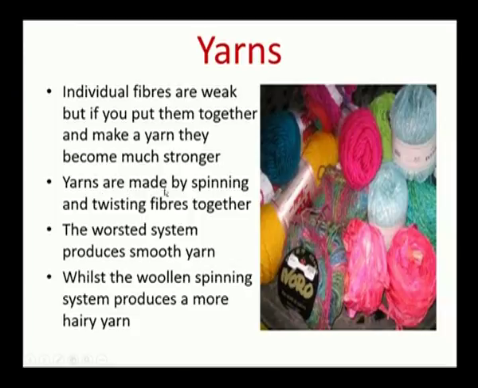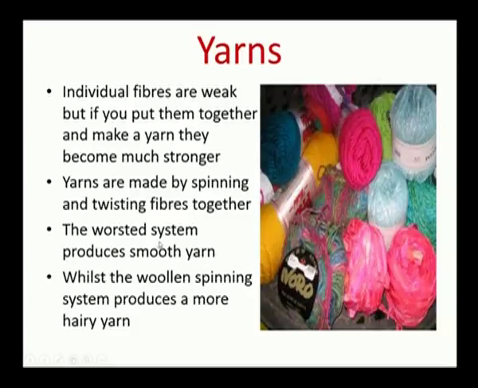The yarns are made by spinning and twisting fibers together. So, you are making a thread-like fiber, and you have to do two things. First is twisting and another is spinning, then only can you make this kind of thread-like material from simple fiber.